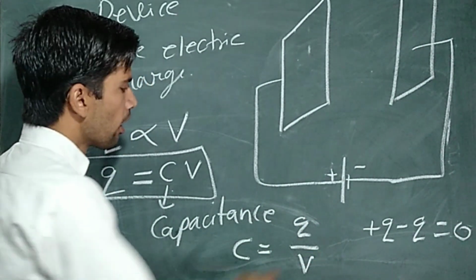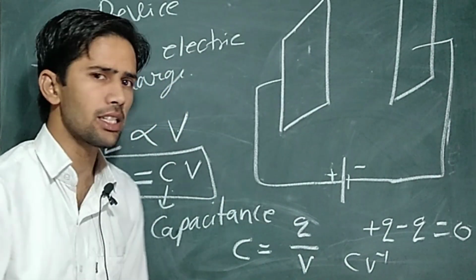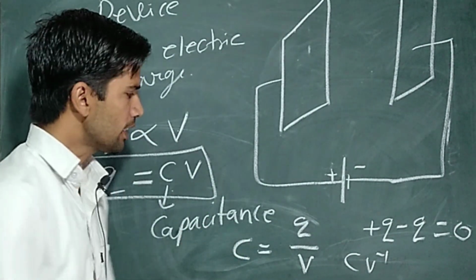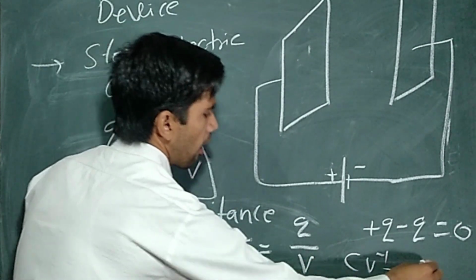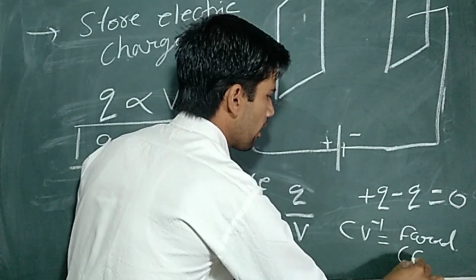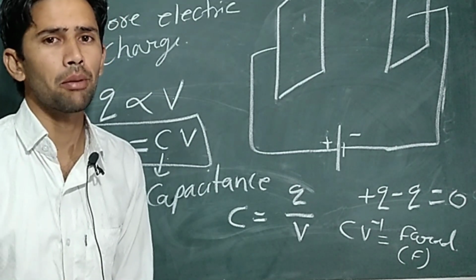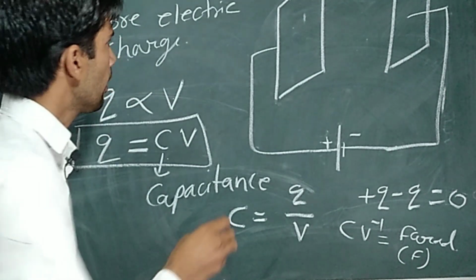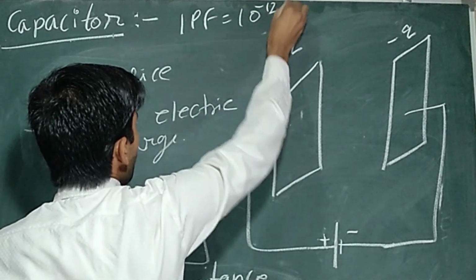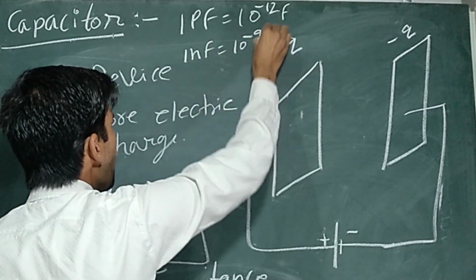And what is the unit of C, the capacitance? Coulomb per volt is the unit of capacitance of a capacitor. In another term, this is represented as the farad, represented by the letter F. Now 1 farad is a very large unit. So for practical purposes we use smaller units, such as 1 picofarad, which means 10 to the power minus 12 farad, and 1 nanofarad, which is equal to 10 to the power minus 9 farad, and so on.